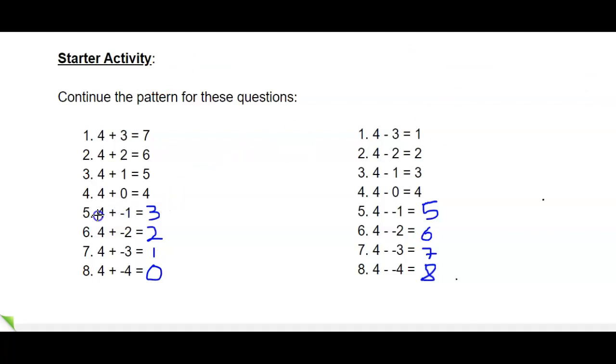So 4 plus -1 would give us 3. If we have 4 and we want to get 3, we could take away 1.